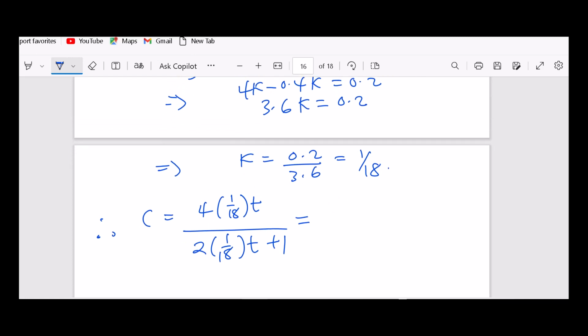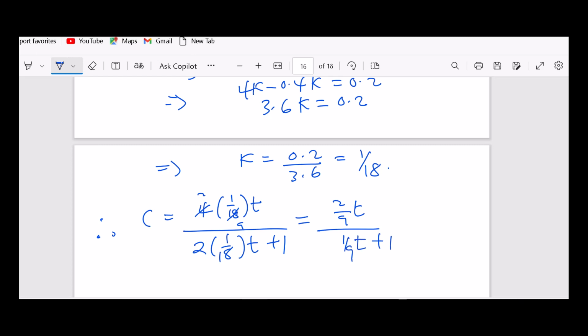So this one will become 2 over 9T all over 1 over 9T plus 1.